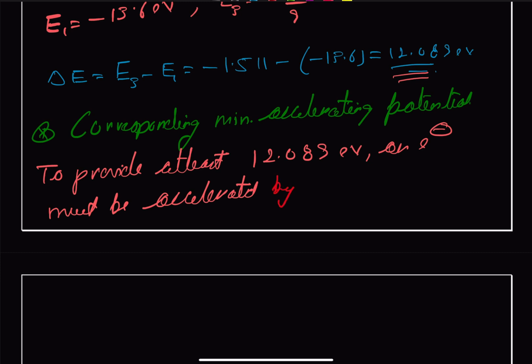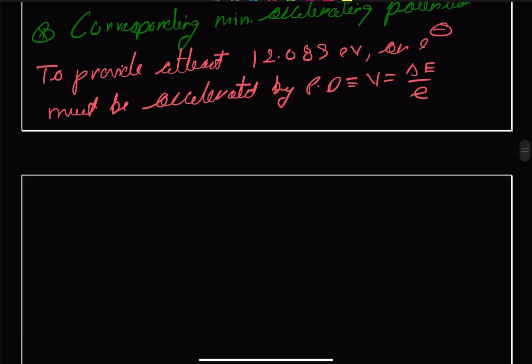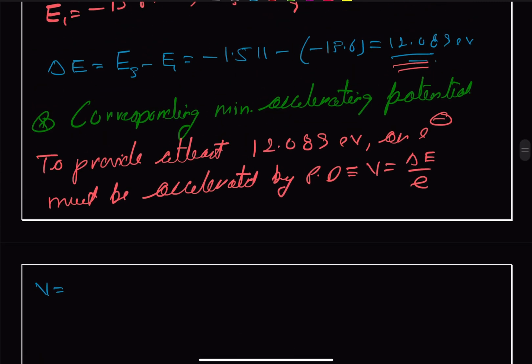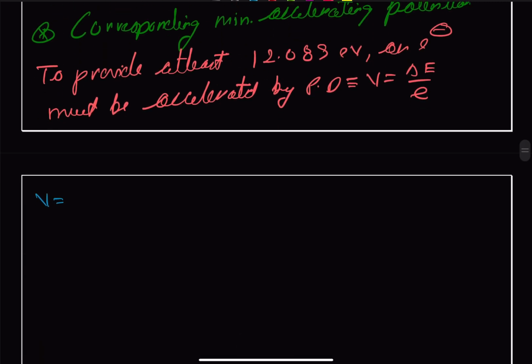by a potential difference which is given to us as V, which will be equal to delta E divided by e. And this we can write that our V, delta E is our 12.089 electron volt.